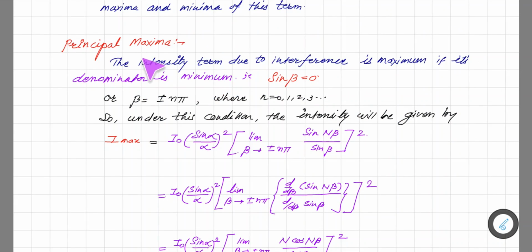Now for principal maxima, remember that the intensity term due to interference that we already saw will be maximum only if sin beta is equal to 0.